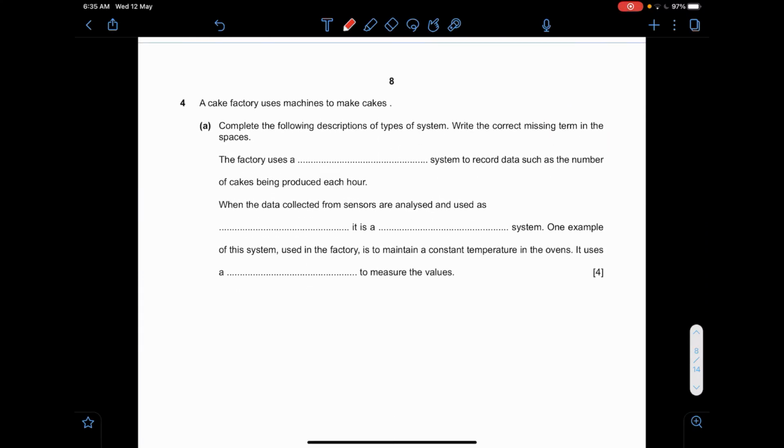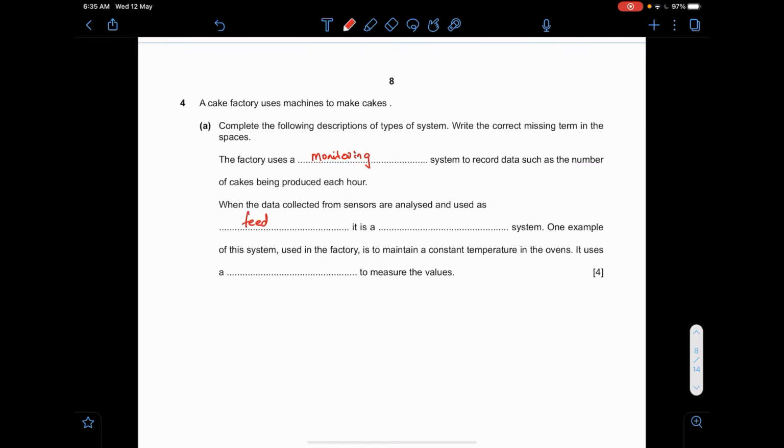Okay, so now a cake factory uses machines to make cakes, right? Complete the following descriptions of types of system. Write the correct missing term in space. So the factory uses a dash system to record data such as the number of cakes being produced each hour. So this is going to be a monitoring system, right? When the data collected from sensors are analyzed and used as feedback.